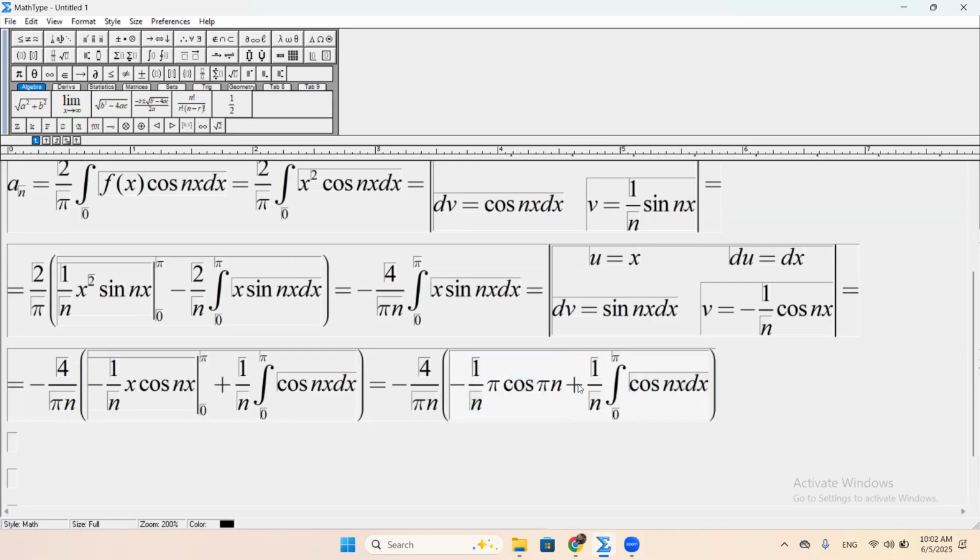And what about this integral? So 1 over n squared sine of nx with the substitutions from 0 to p.